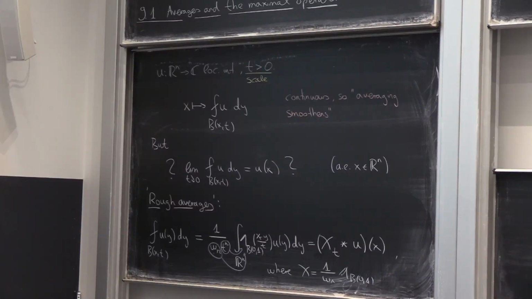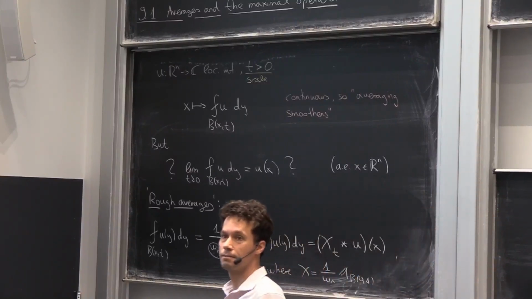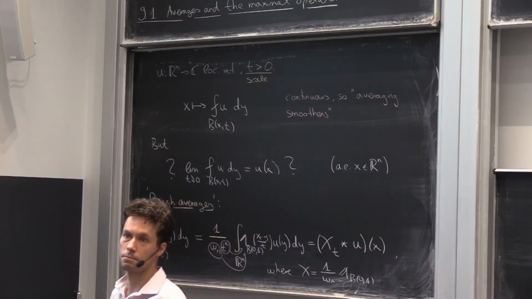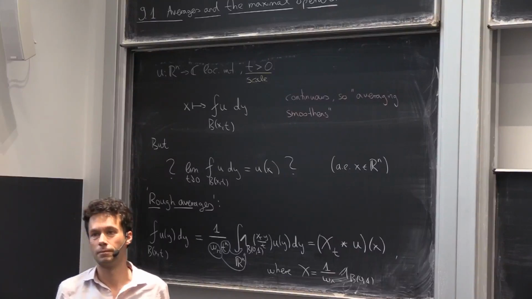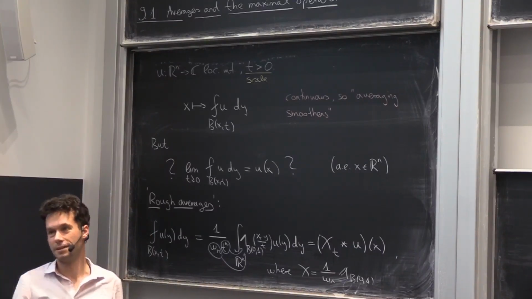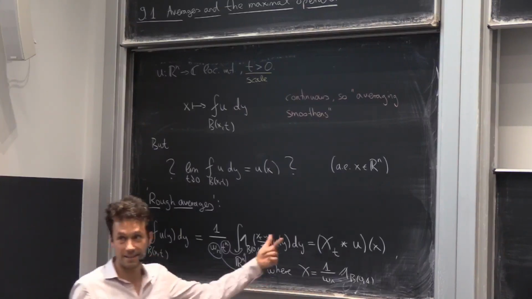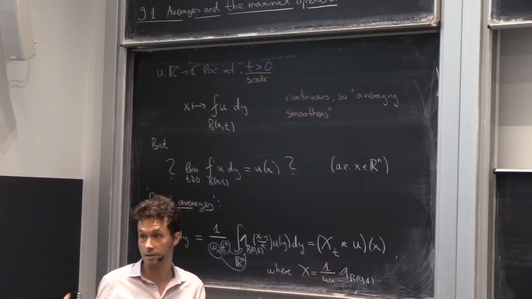Now then you can probably guess what I would call a smooth average. What would you call a smooth average now? Ideas? What should I do? Please. I convolute with a smooth function. Of course, I just need another guy that is sort of normalized to integral 1.